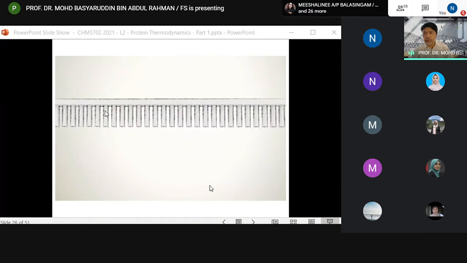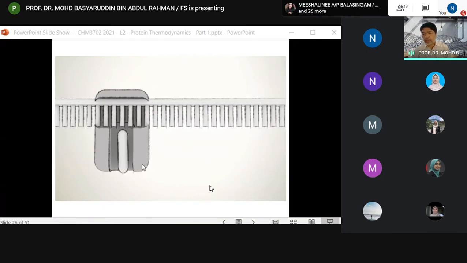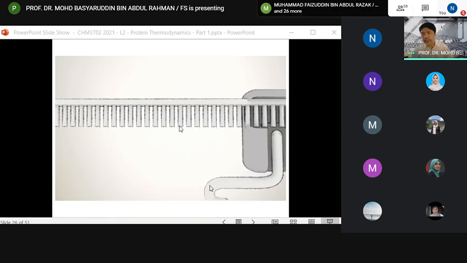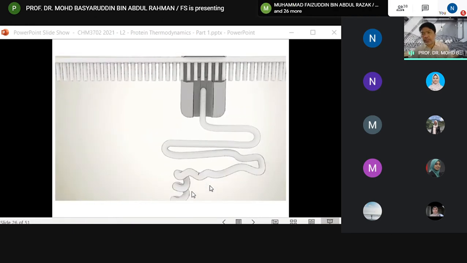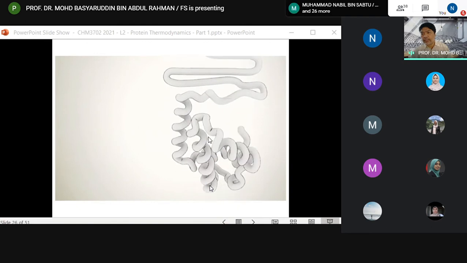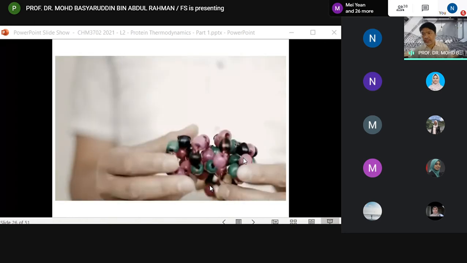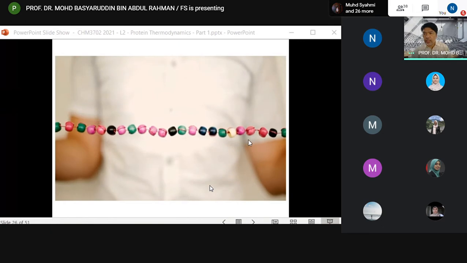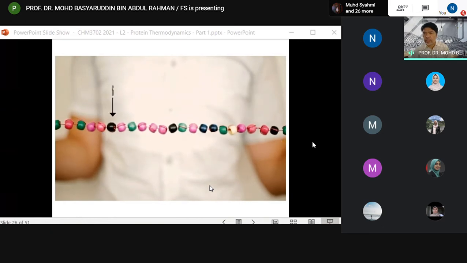Of course, this is what you have learned about protein synthesis, the RNA. Then it gives you the protein, and this is how it starts folding. There are the helix and beta turn, which resemble the amino acid long chain, and then you fold it.